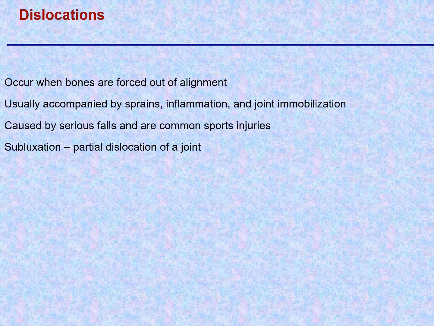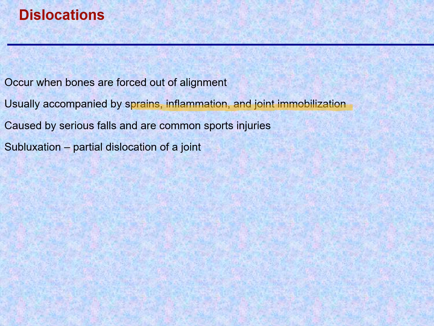Dislocations occur when the bone is completely forced out of alignment from where it should be in the joint. This is usually accompanied by sprains where the ligaments are stretched or injured, and inflammation, and often you get immobilization of the joint. It won't work at all.